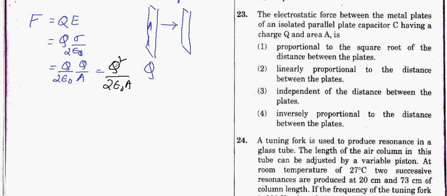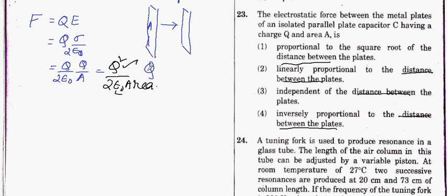Now let us see the options: proportional to square root of distance between the two plates. You see there is no sign of any distance in the expression, because this is charge, this is A, the absolute permittivity, and the area of the plates. So there is no term representing distance.